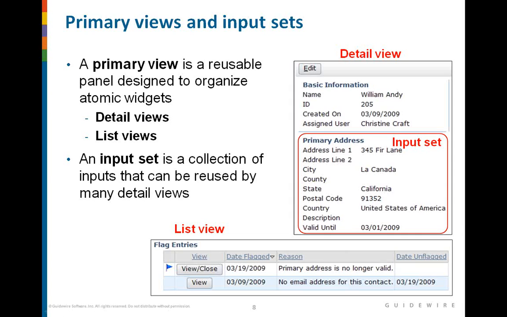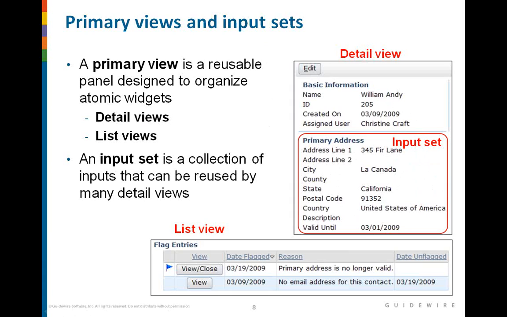So the two primary views are detail views and list views. The detail view displays information about a record: name, ID, program, assigned user, and what the address associated with this is. And list view is information displayed for a collection of elements in a tabular format.